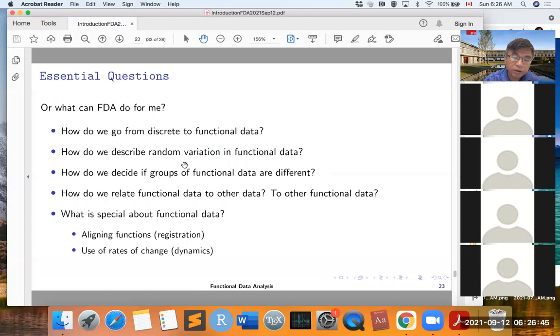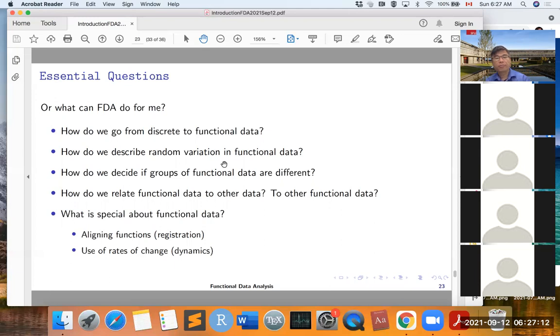The second question is how can we describe the random variations in functional data? This will be a method called functional principal component analysis.